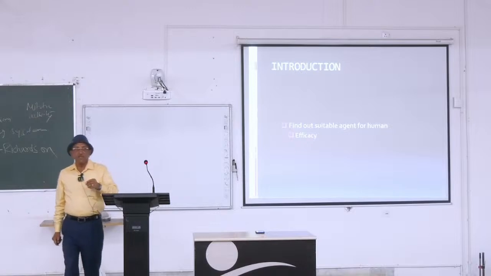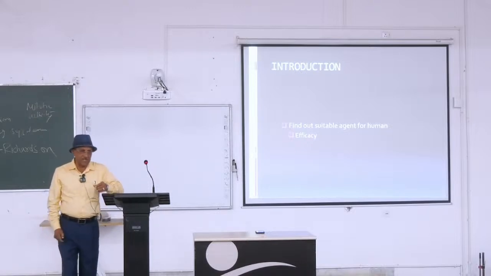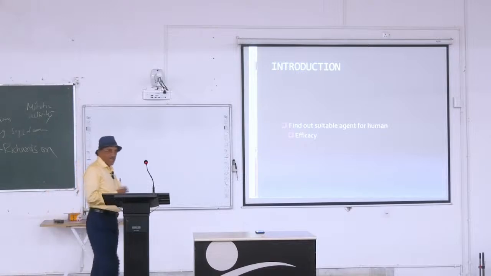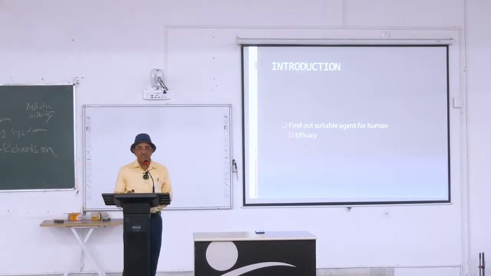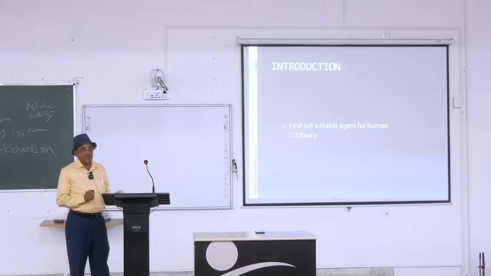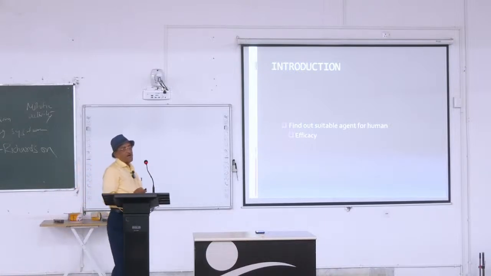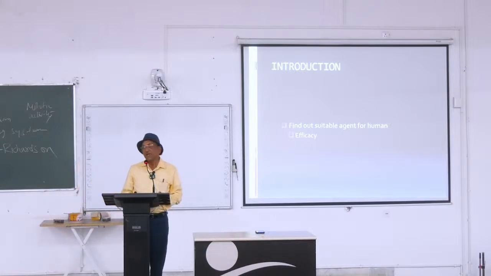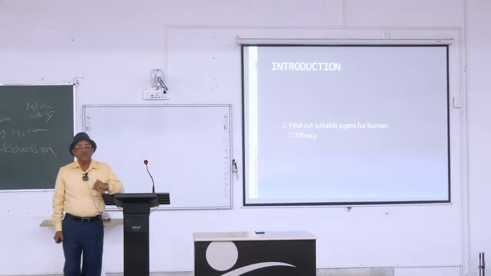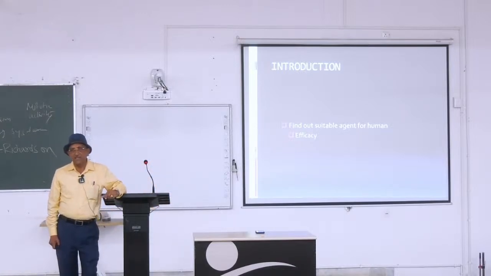And what we see in experimental pharmacology is, number one, efficacy, and then toxicity. These two are the most important parts for which we have to undergo testing of the drugs in animals. And I think you have got knowledge of how a new drug is evaluated.